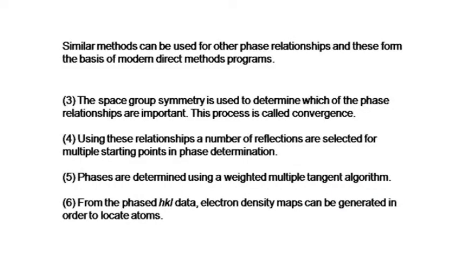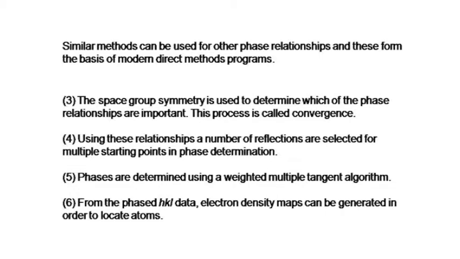So we can apply similar methods for other phase relationships, and that's how direct methods work. They set up these phase relationships. We then use space group symmetry to determine which of the phase relationships are important, because you have allowed reflections and disallowed reflections.